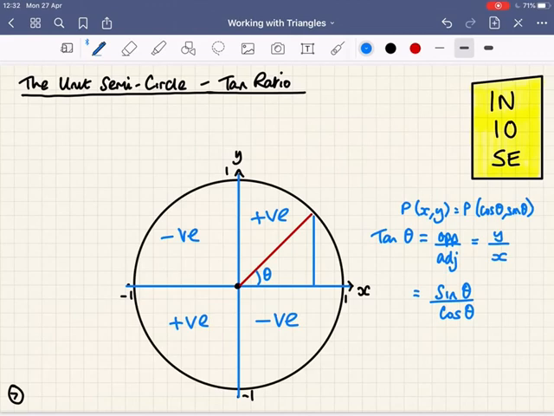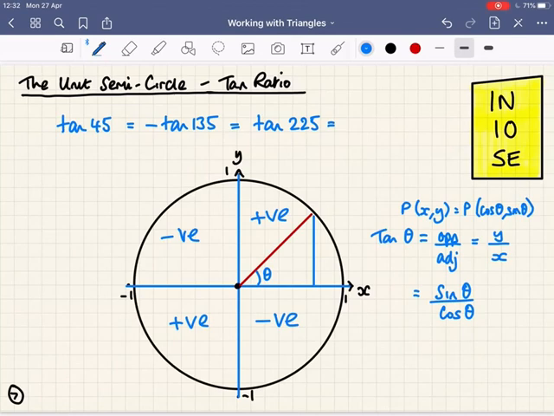So, for example, tan 45 is positive, and that would be equal to the minus tan of 135, because in the second quadrant it's going to be negative, which would be equal to tan of 180 plus 45, which is tan 225 in the third quadrant.